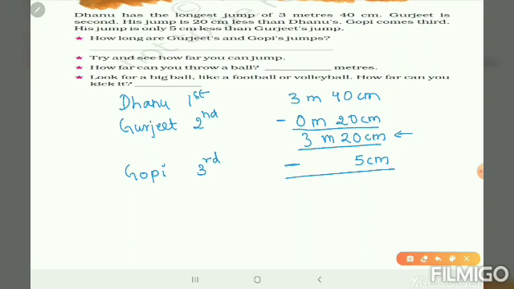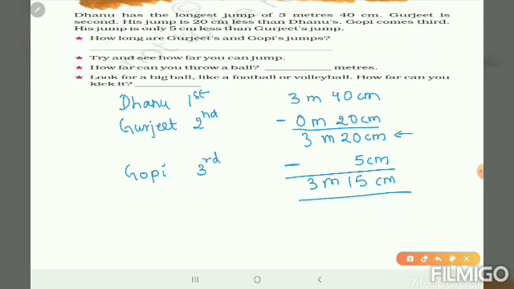So from 3 meter 20 centimeter, again I am going to subtract 5 centimeter. So centimeter minus centimeter, 20 minus 5 will be 15 centimeter, and meter is 3 meter only. So Gopi came third, and how long was his jump? 3 meter 15 centimeter.